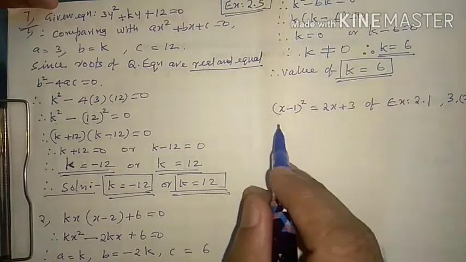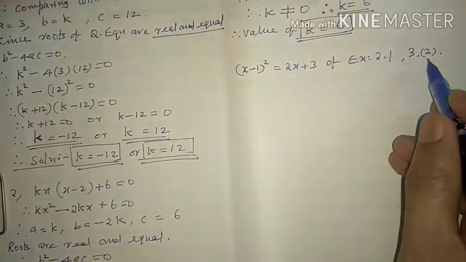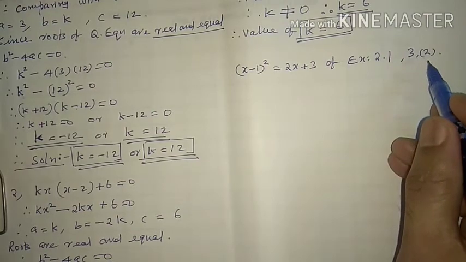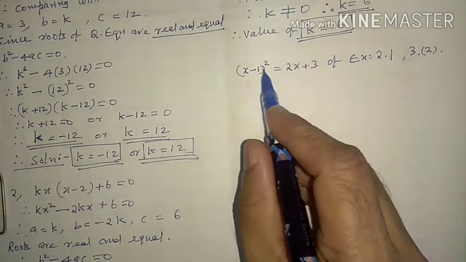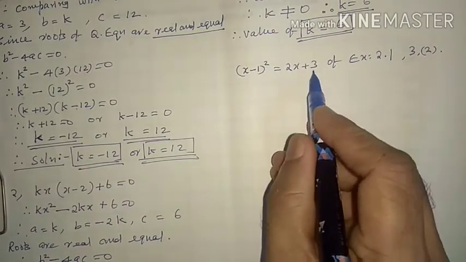Main question 3, sub question 2, which is (x minus 1) the square equal to 2x plus 3.